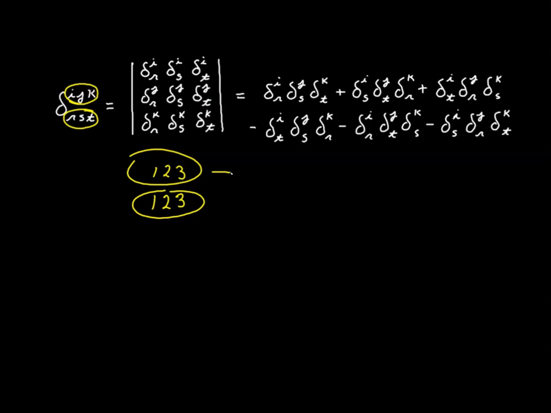Let's just take this as an example where i equals r, j equals s, and k equals t. If you look at it, this term would equal positive 1 because i equals r, j equals s, k equals t. But that's the only term for which that's true. All the others are equal to 0. So when this is the case, then the expression evaluates to positive 1.